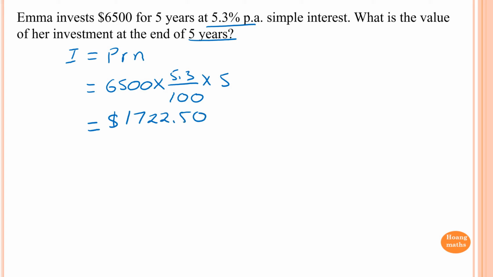But the question asked is, what is the value of her investment at the end of 5 years? So which means the total amount that she has. That's what she had at the beginning, 6,500, and you add the interest on top, which is 1,722.50.